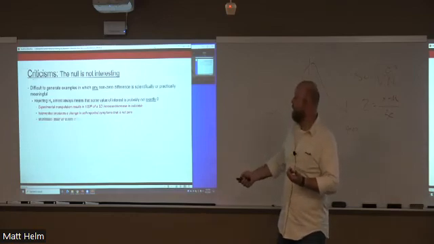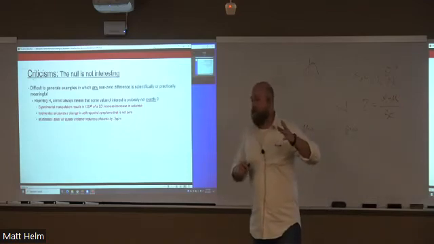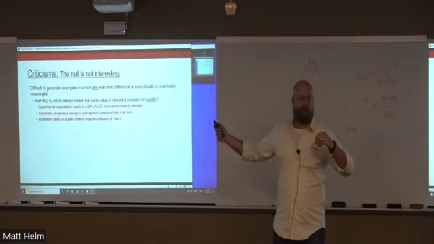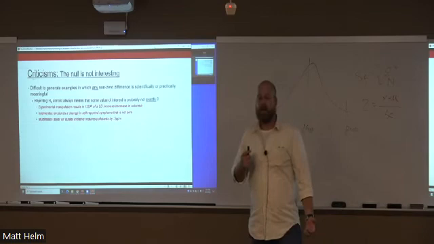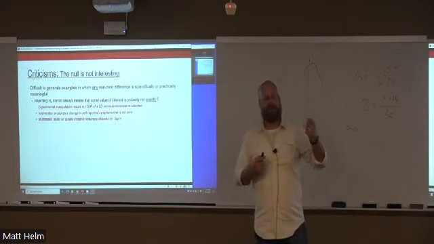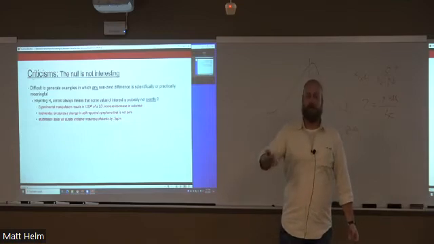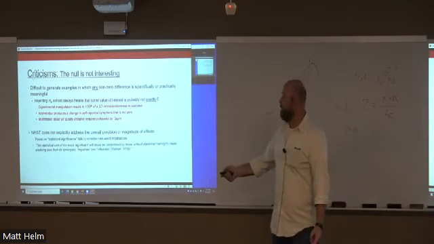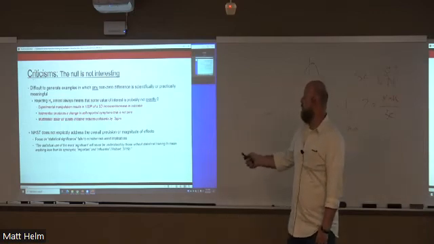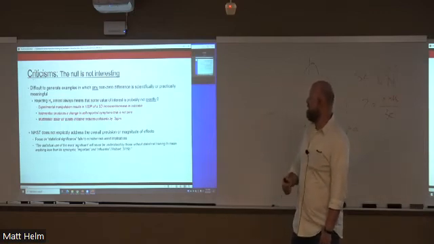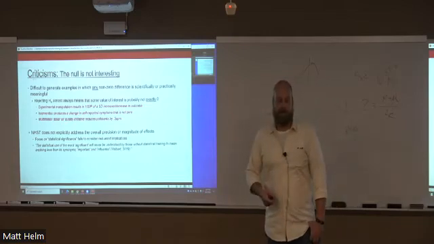Or a multi-billion-dollar air quality initiative reduces pollutants by a trivial amount and has no impact on anything, right? Again, this is a conflation of statistical evidence of a difference with something practical or meaningful. So the argument here is that null hypothesis testing doesn't explicitly address the precision or magnitude of effects, right?